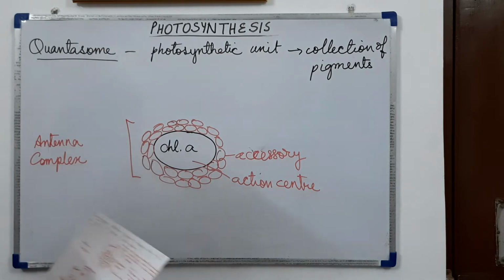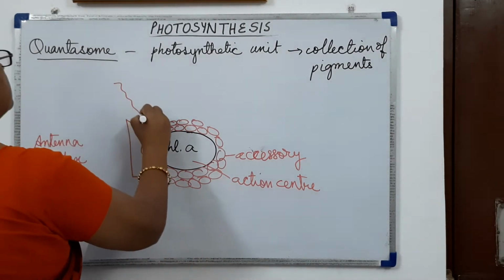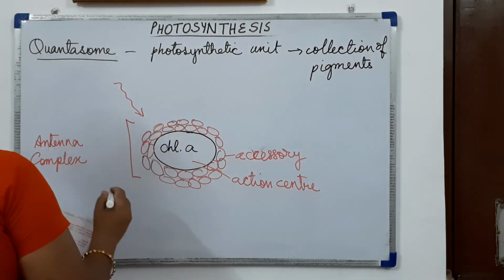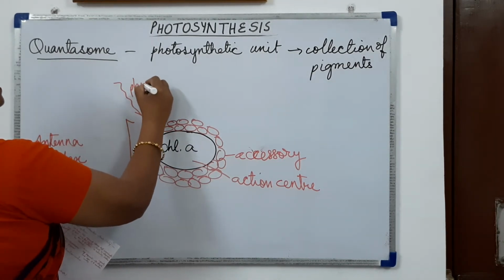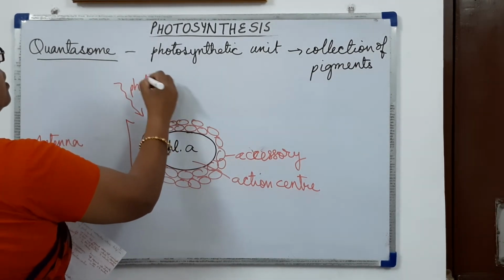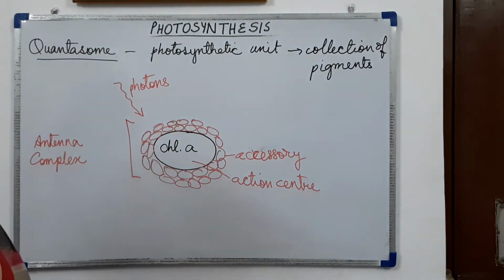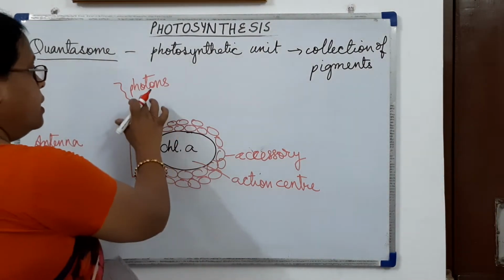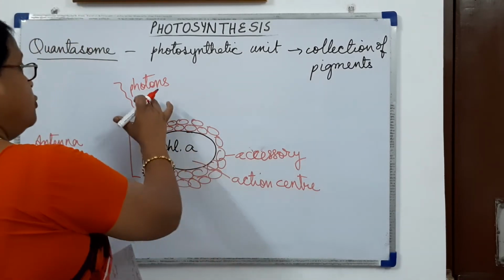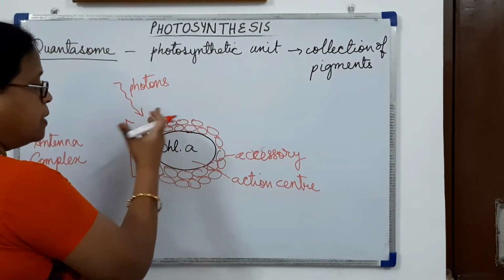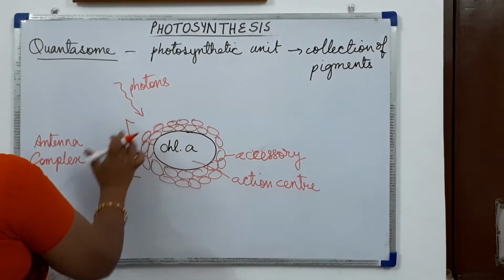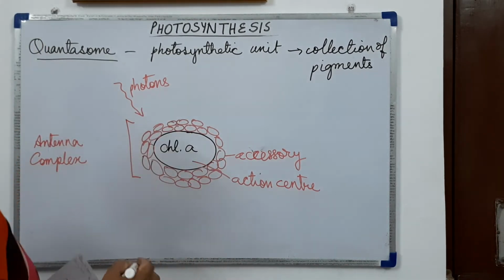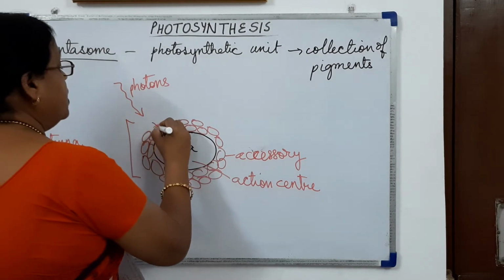Now what happens when sunlight falls on this? The sunlight comes in the form of energy packets. We call them photons. So photons are the unit of light energy packets, and in the form of photons the light is absorbed by the pigments. So when the light is falling on these pigments, it is absorbed by all these pigments.